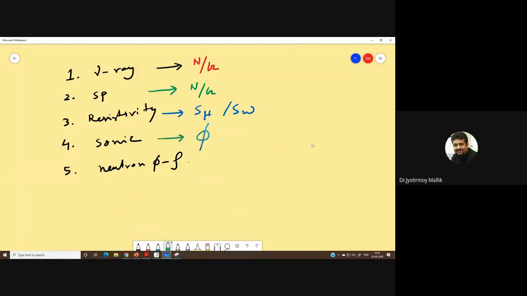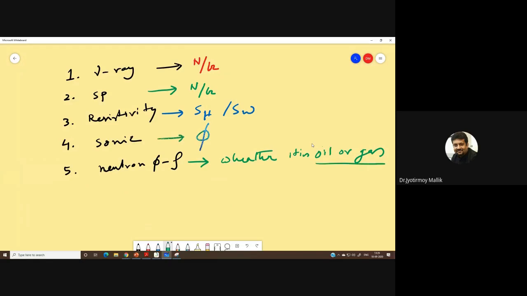And neutron density will help me to calculate whether the type of the fluid is oil or gas.